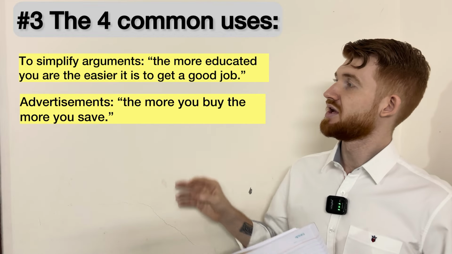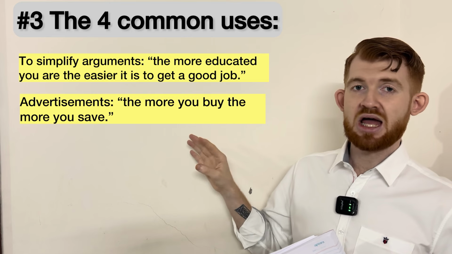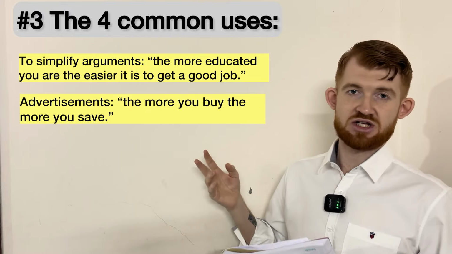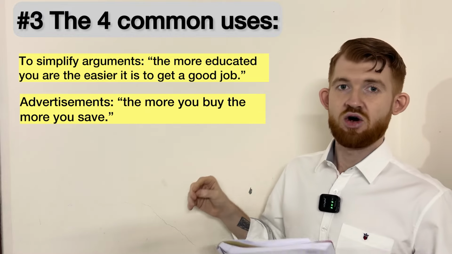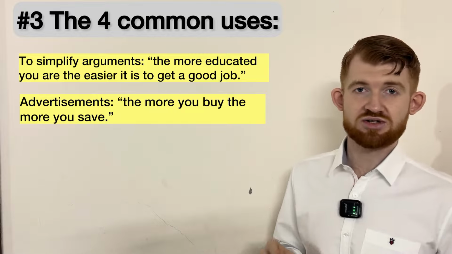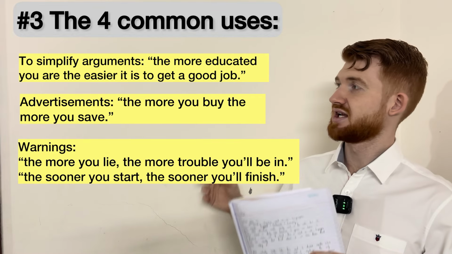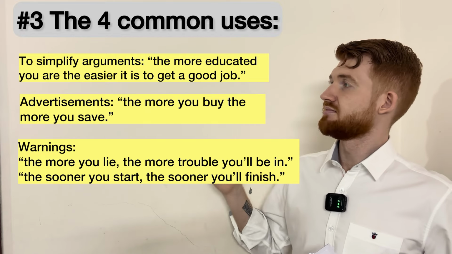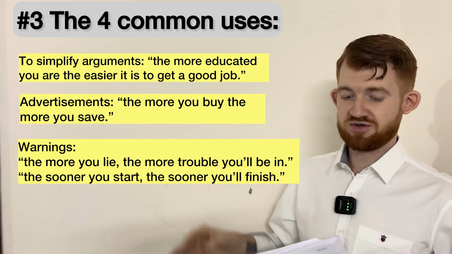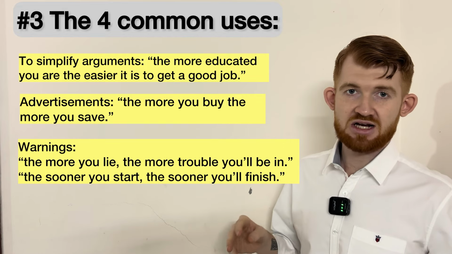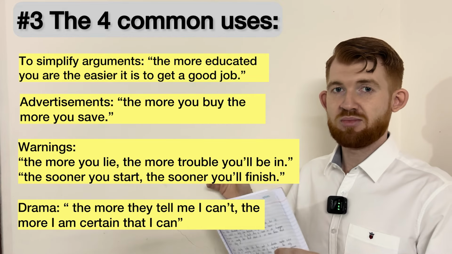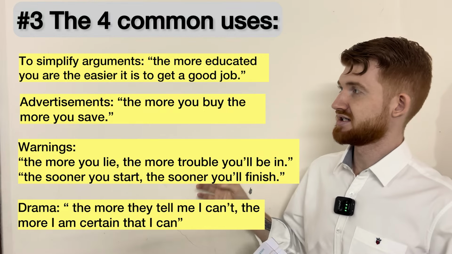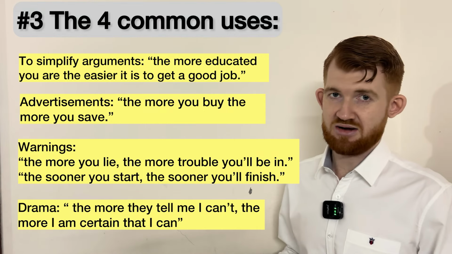For example, the more you buy, the more you save, or the better the shoe, the faster you will run. We also like to give warnings or advice, such as the more you lie, the more trouble you will be in, or the sooner you start, the sooner you finish. And finally, we could use it for dramatic comparisons, such as the more they tell me I can't, the more I am certain that I can.